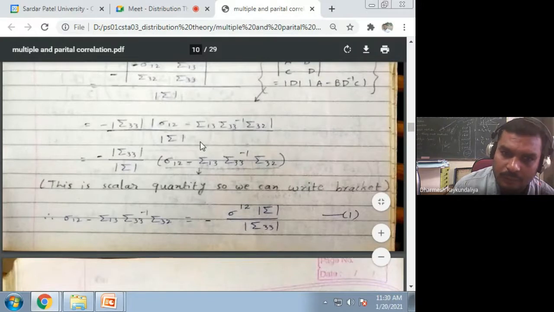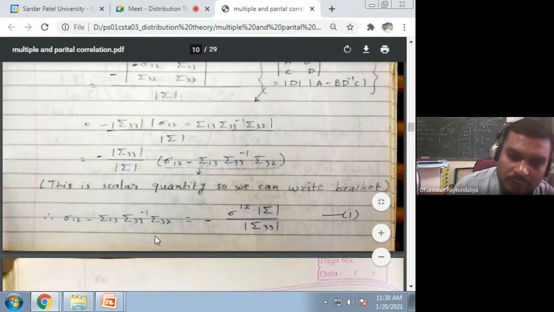The minus sign is as is. Because this is a scalar quantity, I can just remove the determinant. So sigma 1 2 minus sigma 1 3 sigma 3 3 inverse sigma 3 2 equals minus sigma, determinant of sigma 3 3 upon determinant of sigma.